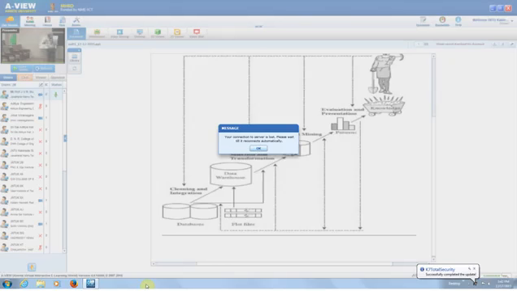So based on your application, the data mining techniques like association rule mining or classification or clustering, different techniques will be applied onto the data.